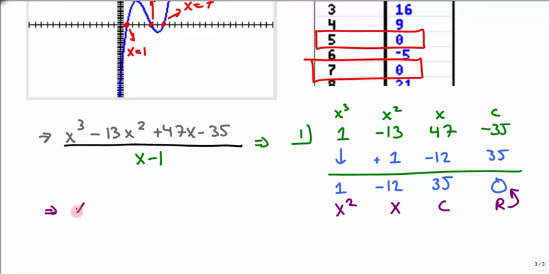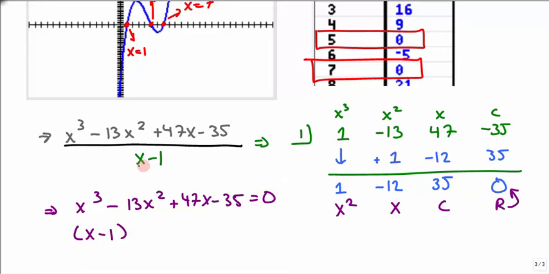So what I have here then is that x cubed minus 13x squared plus 47x minus 35 equals 0 factors into x minus 1, that came from right here, and then my remaining factor comes from right here. That's going to be x squared minus 12x plus 35 equals 0.